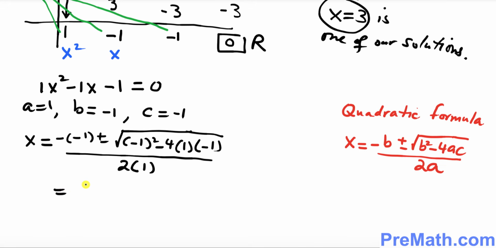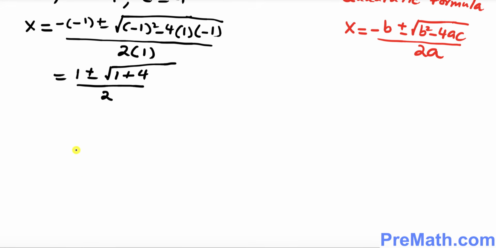Negative and negative becomes +1, plus or minus the square root of -1 squared, which is 1, and negative and negative become +4, divided by 2. So next it's simply 1 plus or minus the square root of 5 over 2.